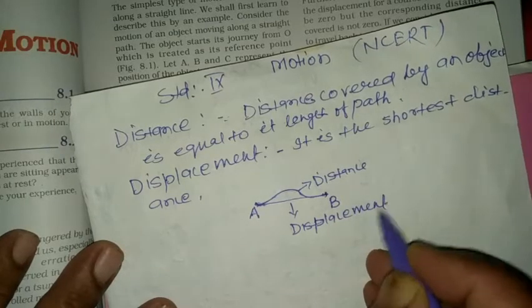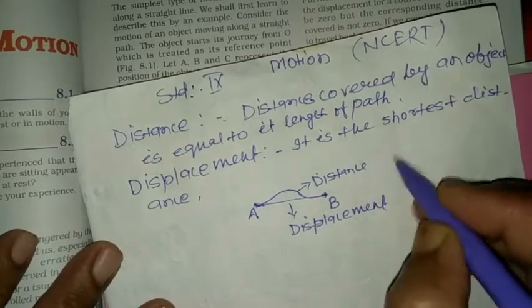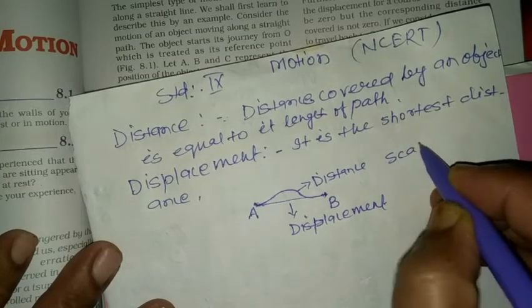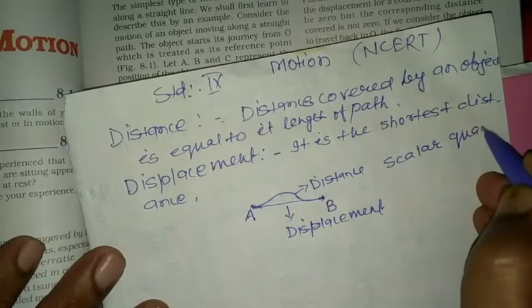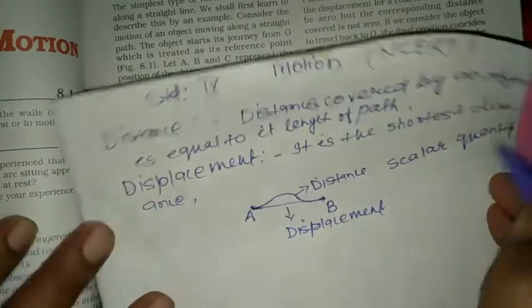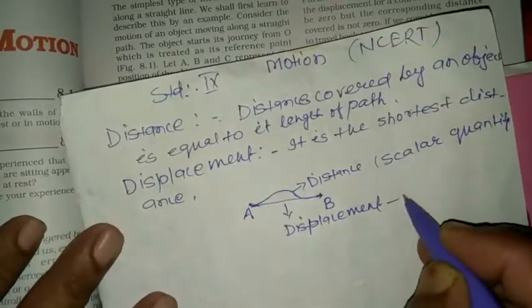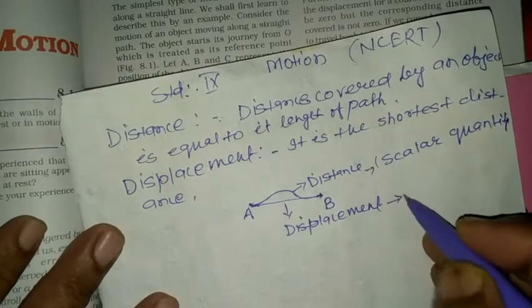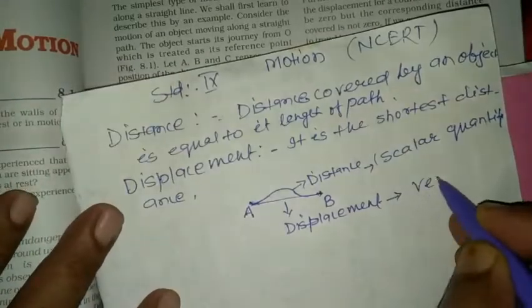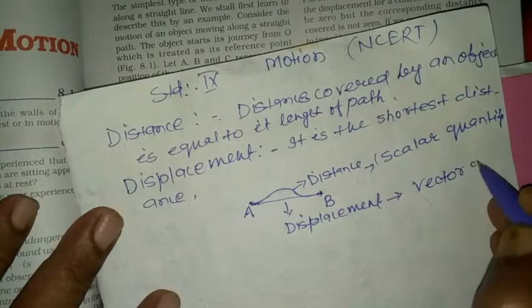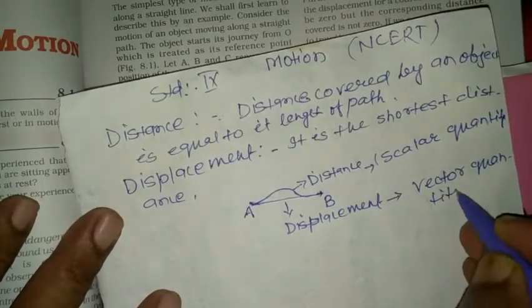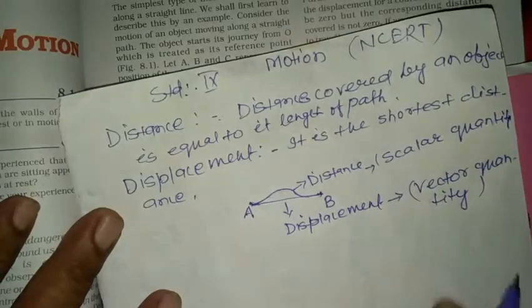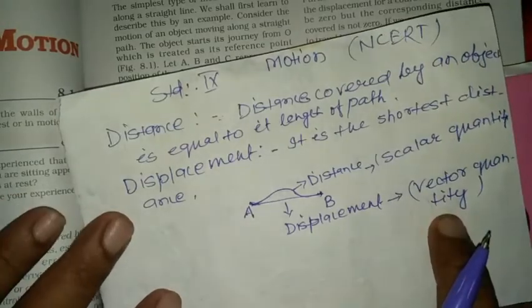That is why it is said that distance is a scalar quantity and displacement is a vector quantity. Now I will tell you briefly what a scalar and a vector quantity are.